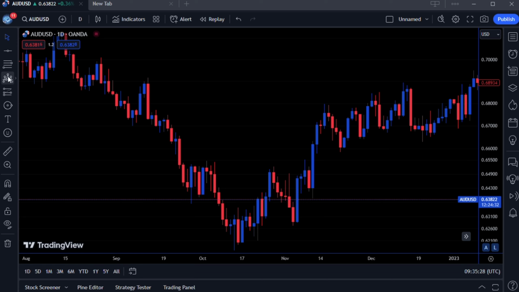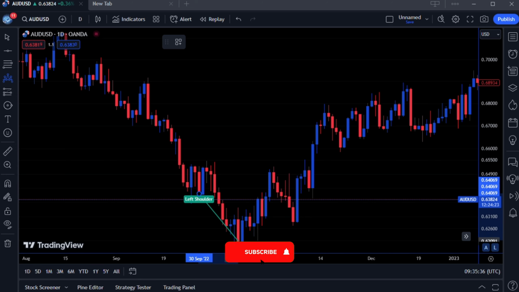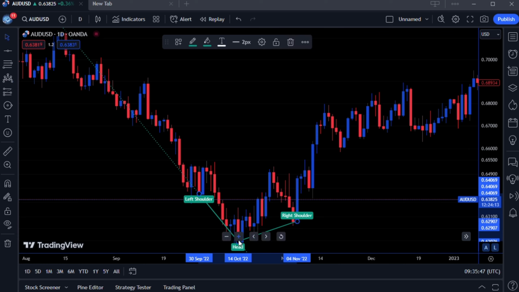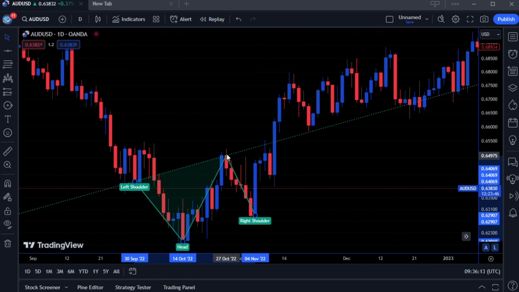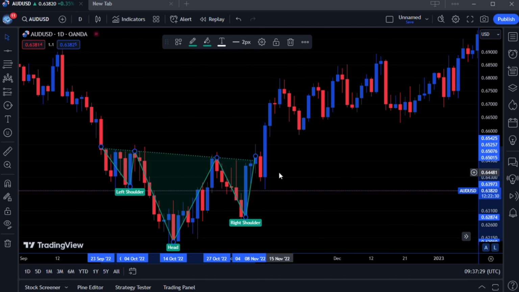Next, an illustration of the pattern. Here is your left shoulder, the head and right shoulder.